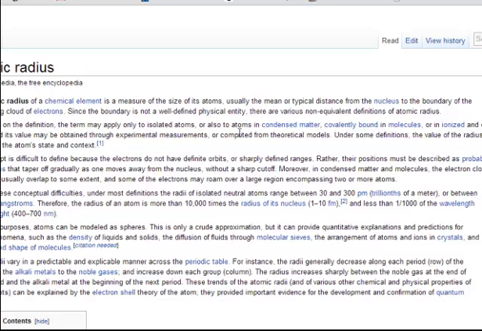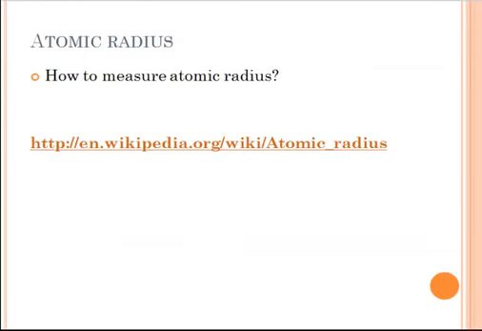You can read through this page at your leisure, and I already provided you with the link. Going back to the PowerPoint presentation, people also use X-ray diffraction, sometimes called X-ray crystallography, to measure the atomic radius very, very accurately.